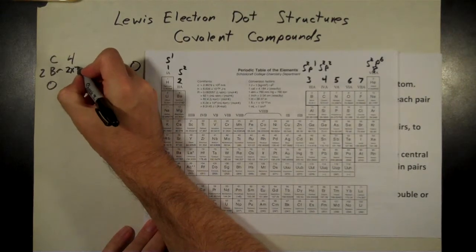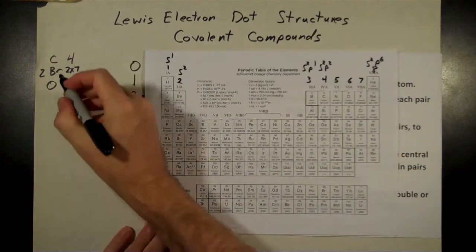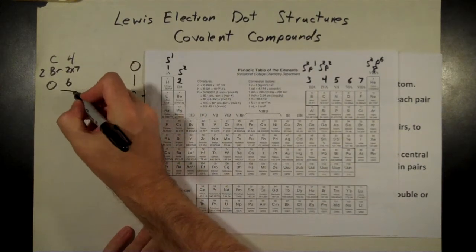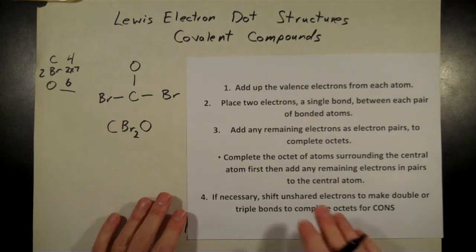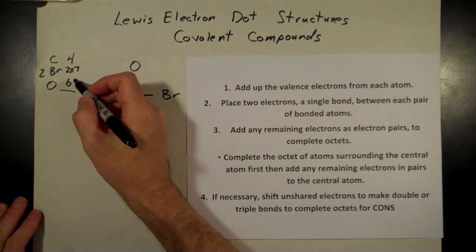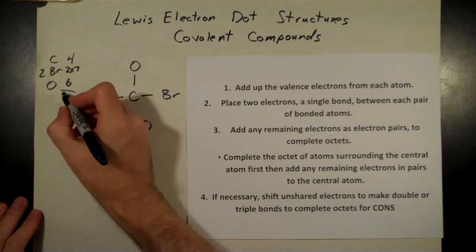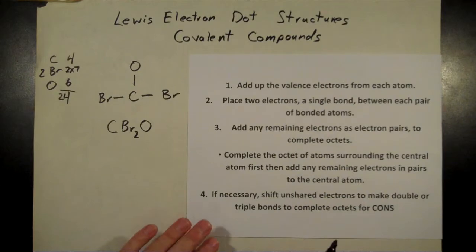So that'll be 2 times 7 for the two bromine atoms. And then the one oxygen is going to have 6 valence electrons. And so we just want to add those together. So we've got 14 here, plus 4, plus 6. That's what, 10, and 14 is 24 valence electrons then to work with in this.